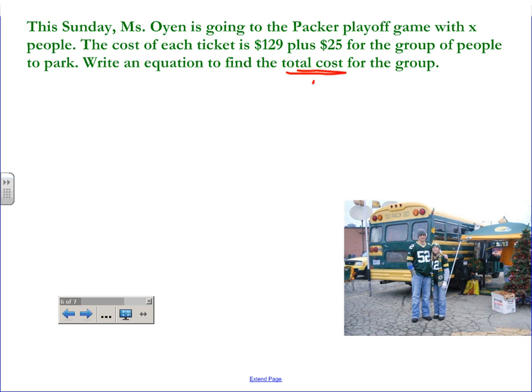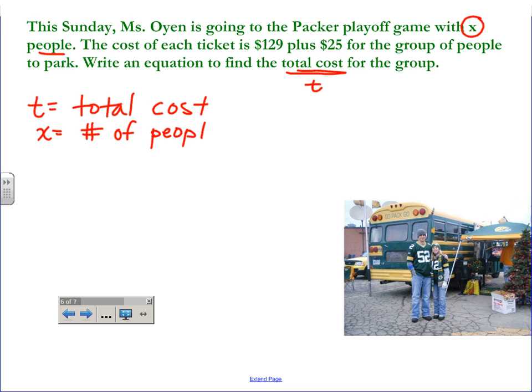So I'm going to call that T. That's my variable. T, I'm trying to find the total cost. The other thing that I don't know is how many people are going. And they already told us that was X. So X is going to be the number of people going to the game.